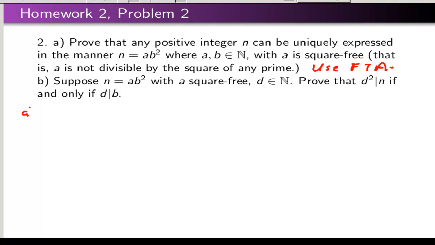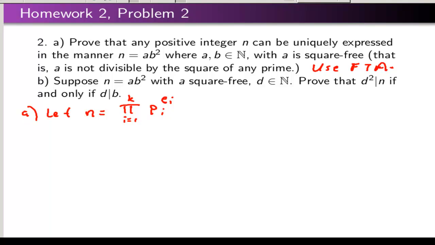So I would just start by saying let n be the product, i equals 1 to k, of pi to the ei power, and I want to find some perfect square. Some of the ei's are going to be even numbers, and some are going to be odd numbers. That's the way you want to think of it.